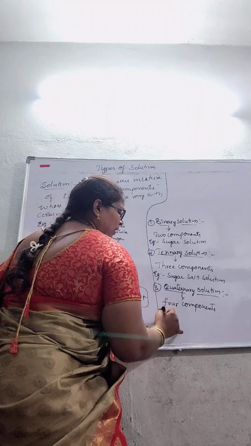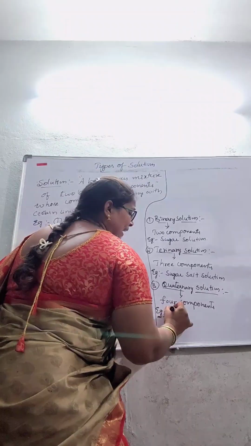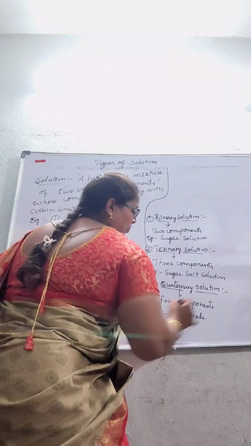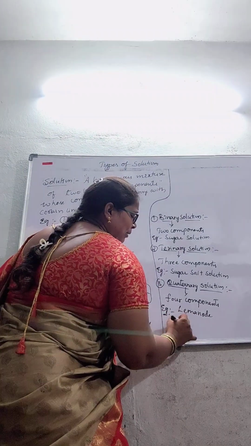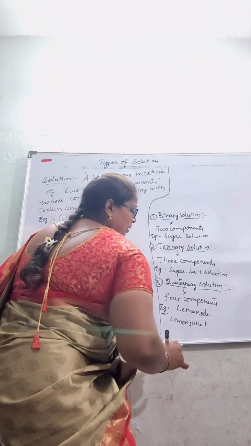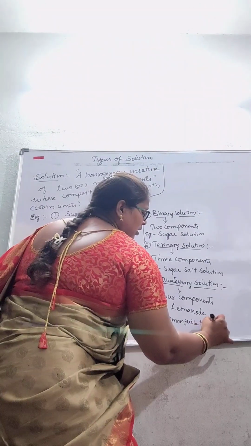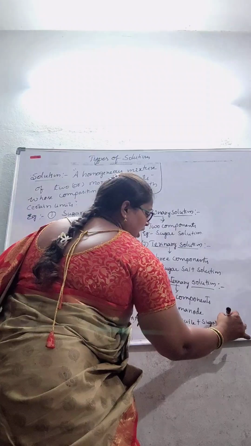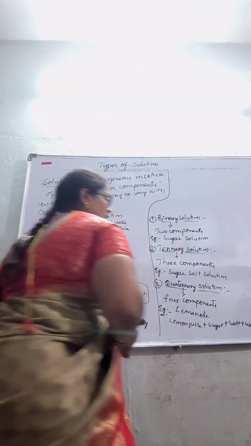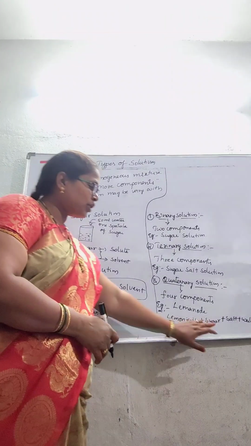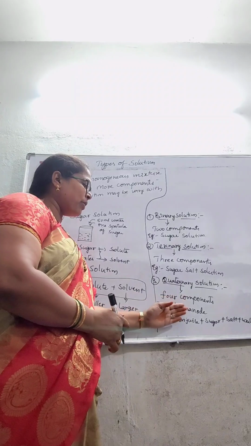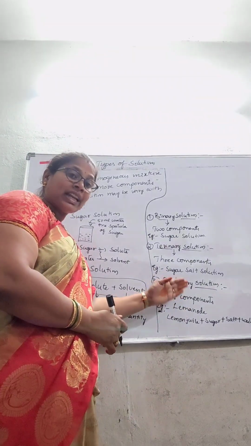For example, in the summer season we happily drink lemonade. Lemonade contains lemon juice plus sugar plus salt plus water. And here how many components? One, two, three, four. Four components are present. That's why lemonade is an example of a quaternary solution.